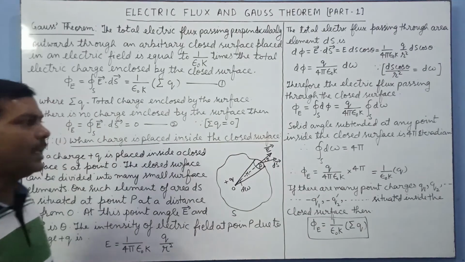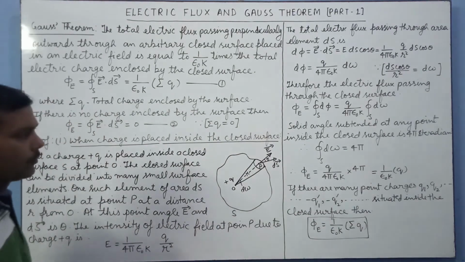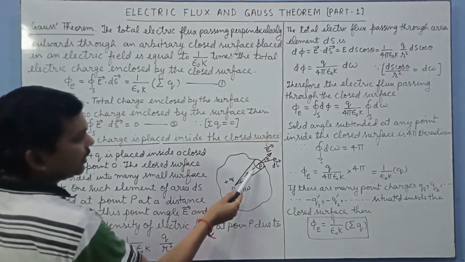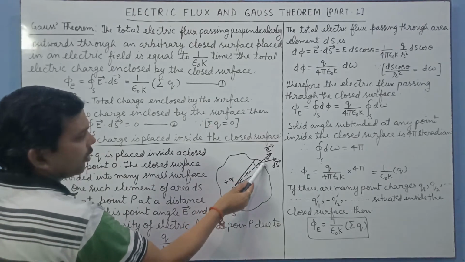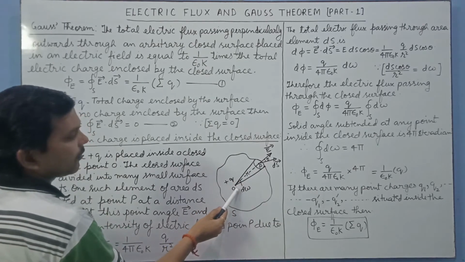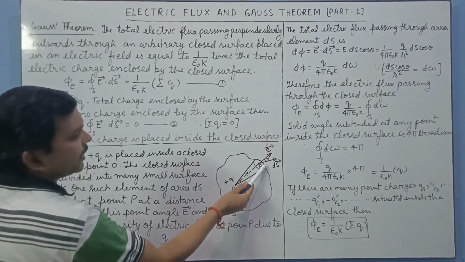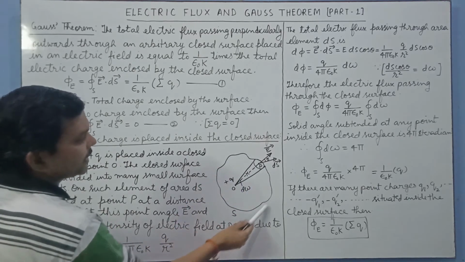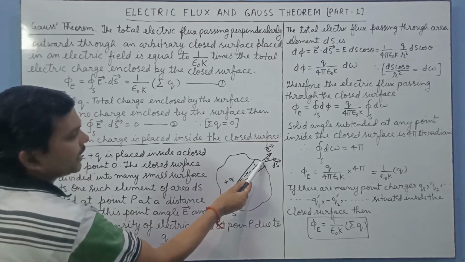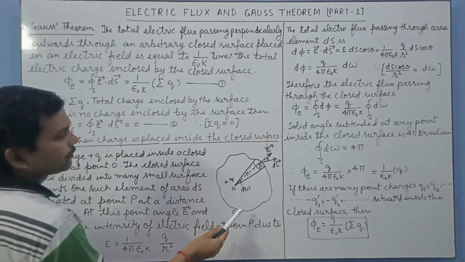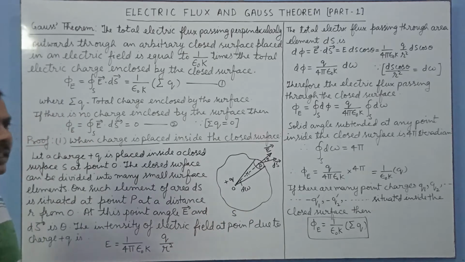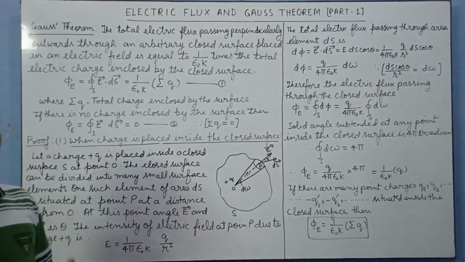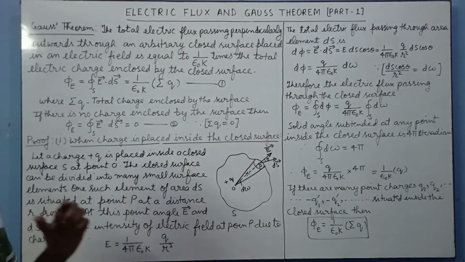Now why this 4π? To understand this, let us come here to this figure. The angle subtended by this small element area is dω. If we integrate this over the complete surface, then it will provide the angle subtended by the complete surface at point O, and the angle subtended by a complete surface at a point inside the surface is equal to 4π.